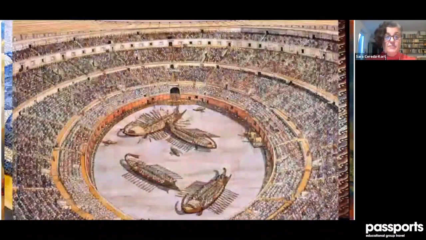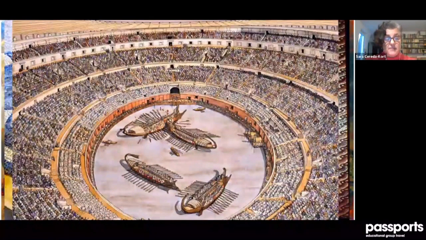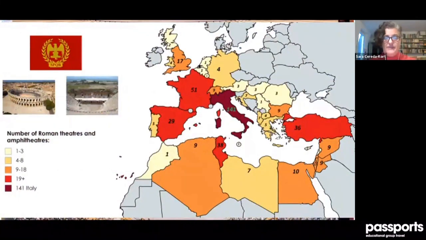There has been proof that at least in some arenas, and it seems also in the case of the Colosseum itself, a water battle called Naumachia took place as well, when the stage was flooded. So these are incredible things about this building.